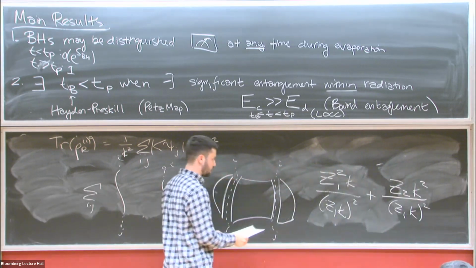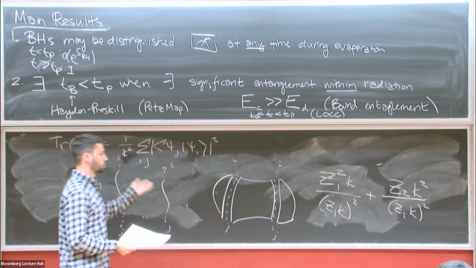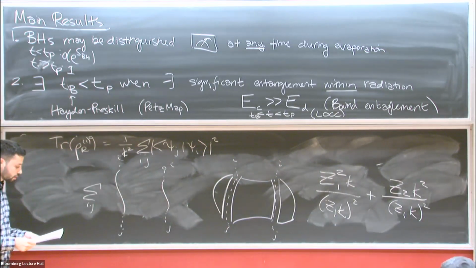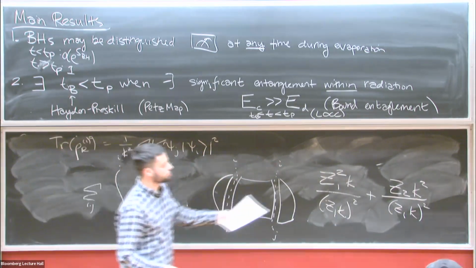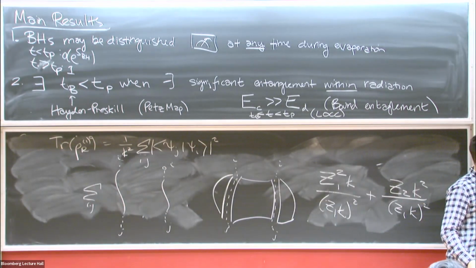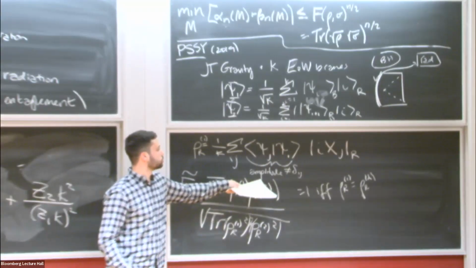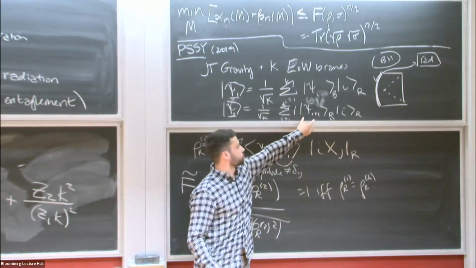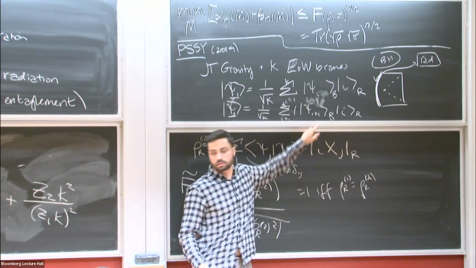Okay, so this will give the purity. The important point when we're computing these distinguishability measures is that rho R1 and rho R2 have these different brane states that are permuted by one.